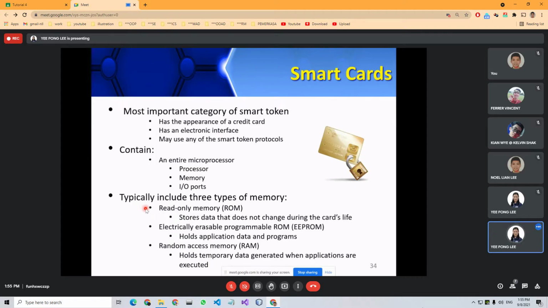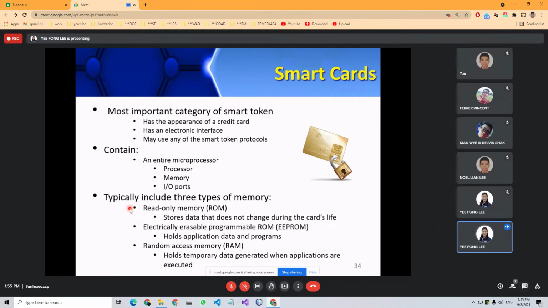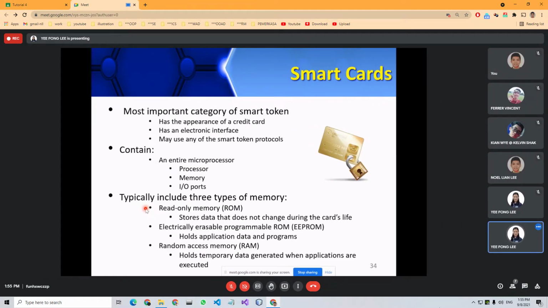Okay, allow me to have another 10 plus slides before we take a break. The most important category of smart token is the smart card, for example credit cards.